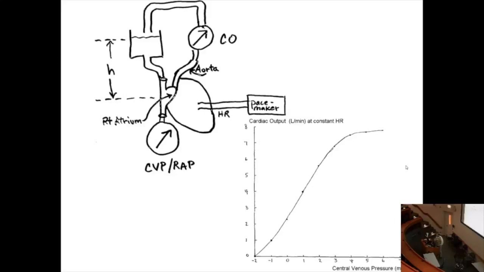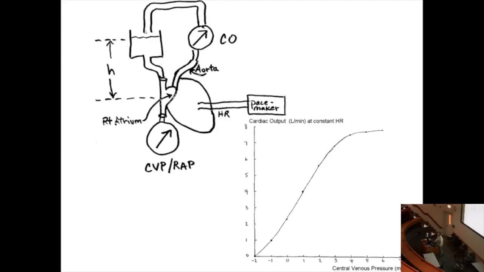Here's what happens. Your x-axis has your independent variable, your y-axis has your dependent variable. This is what you change, and this is what you measure. So if I set up a heart and isolate it, with blood flowing into the right atrium here, and a pacemaker, and I measure the cardiac output here.